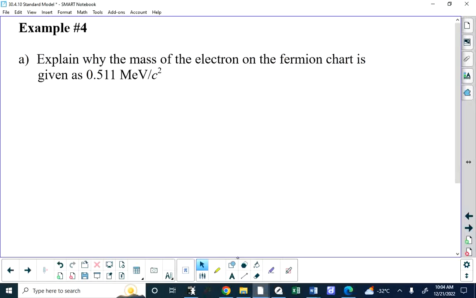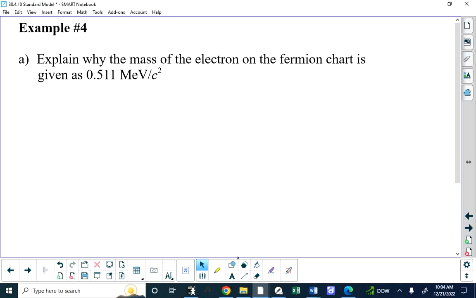Well, first of all, mass and energy are the same thing at this level of physics. So if you were to ask a nuclear physicist for the mass of an electron, they're likely to just say it's 0.511 million electron volts, and they won't even say over c squared. And the reason for that, and then we'll do the calculations, is if you take the mass of an electron in kilograms and convert it to energy, that's what you're going to get.